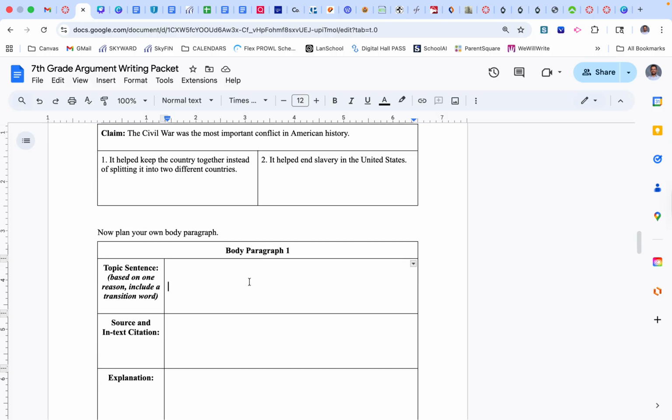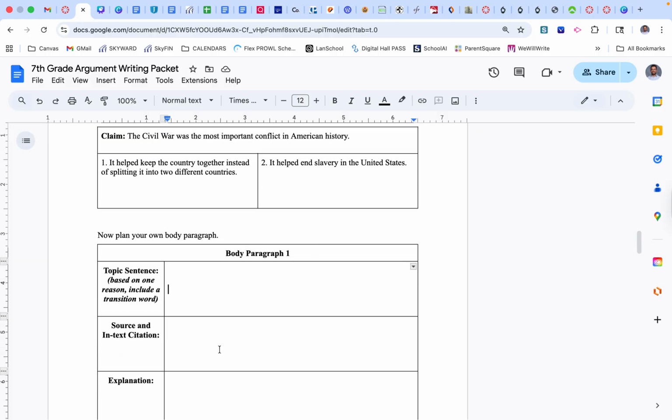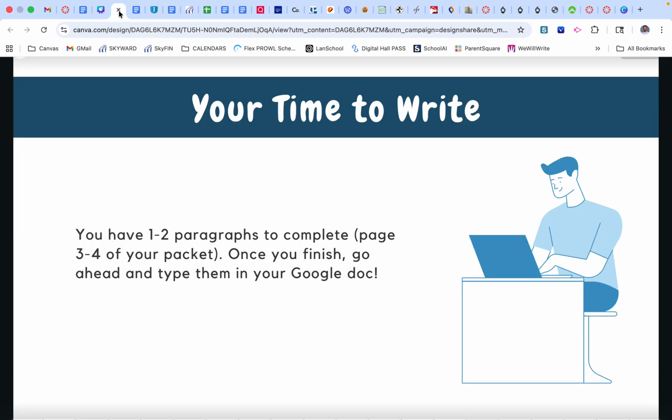If you want to have more reasons and do more body paragraphs, you can to try for a 4, but you only need one for a 3. All right, so once you have that in your packet, then you can put that into your Google Docs, so you will have your introduction and a body paragraph written right there, and you're almost the whole way done.